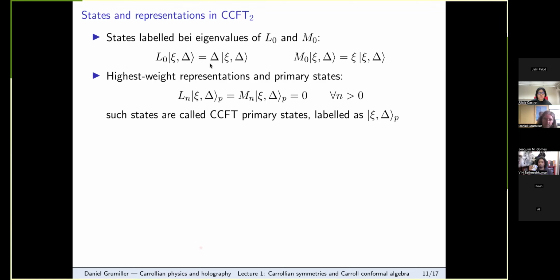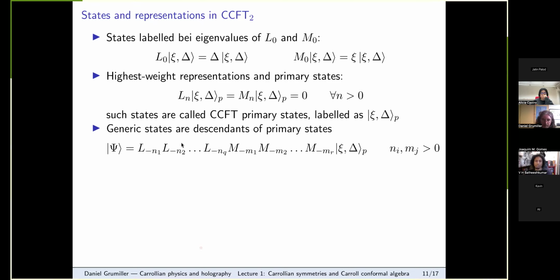Now, a natural looking representation is the highest weight representation, and that allows you to define primary states. So primary states are defined by the conditions that they are annihilated by Ln and Mn for any positive integer n. And such states are called CCFT primary states, and I label them, well, by the subscript P for primary. Generic states are then descendants of these primary states.